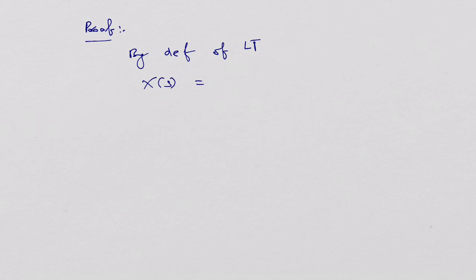Let me prove this. Proof of this theorem. What is the name of the theorem? Frequency shifting theorem. By definition of Laplace transform, X of s is the Laplace transform of x of t, which is obtained by the formula integral from minus infinity to plus infinity of x of t into e power minus st dt.